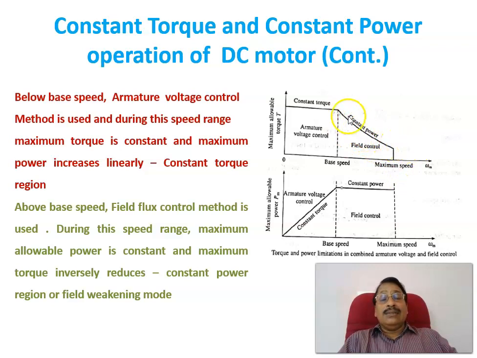It is inversely reducing because the power is constant, and the maximum torque reduces inversely in the constant power region, or the field weakening mode. In this mode the maximum available torque is reducing inversely, but the power is constant. Therefore, this is the constant torque region, and this is the constant power region operation of a DC motor.